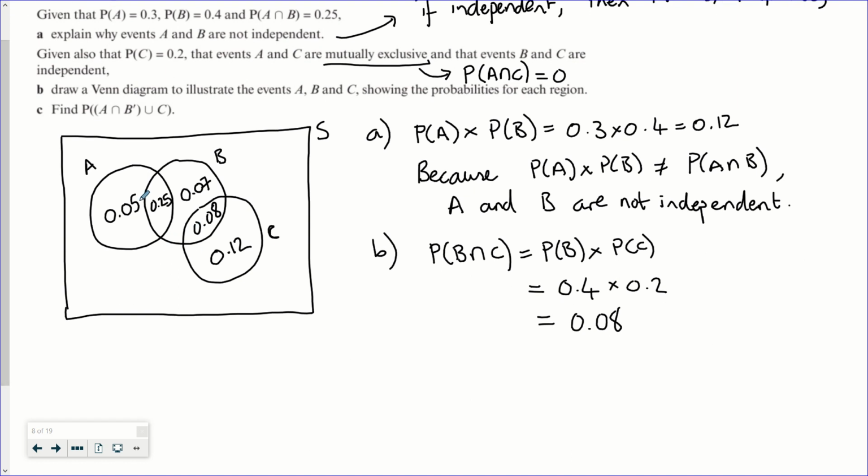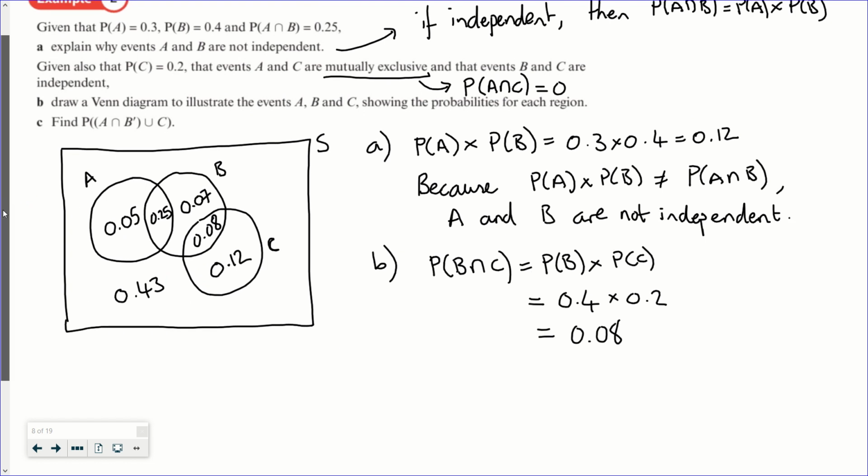And then we've filled in each of the separate regions within this Venn diagram. But what we're missing is the probability outside of the circles, because we know that the sample space has to add up to 1. So if we do 1 subtract each of these probabilities, we'll work out what probability needs to go on the outside of the circles. If you work that out, you get 0.43. And that ensures that if you add up all of the probabilities in each of these regions, you get 1.